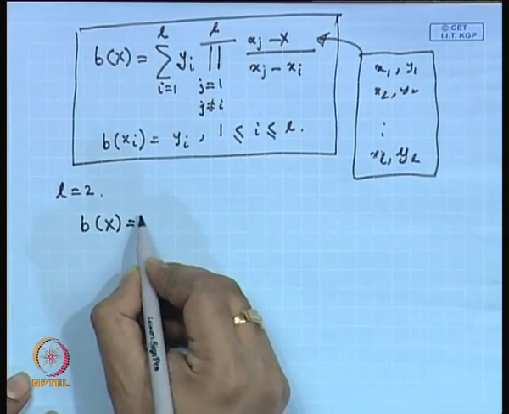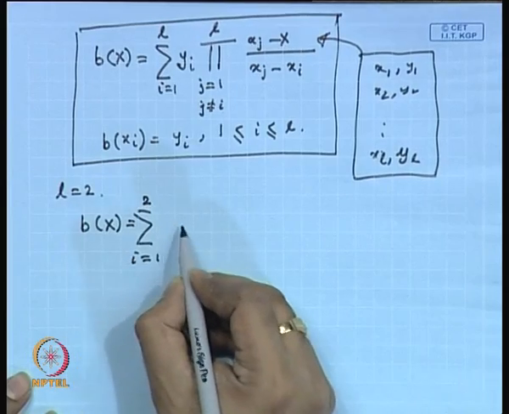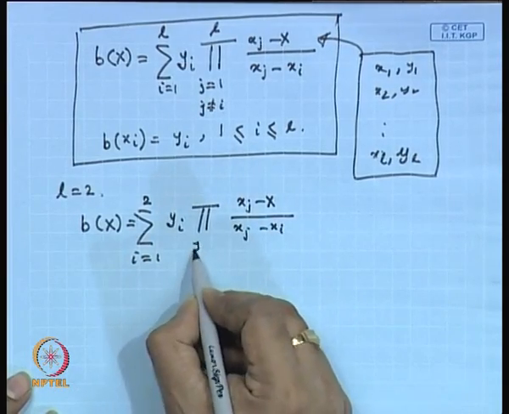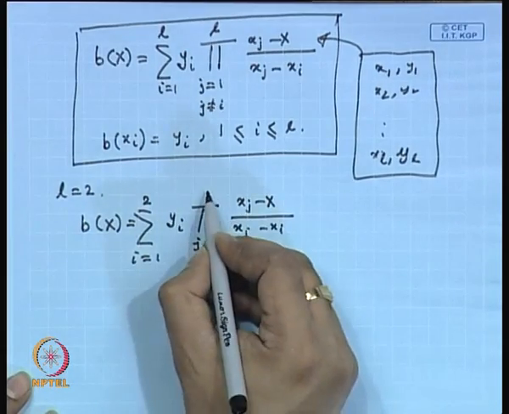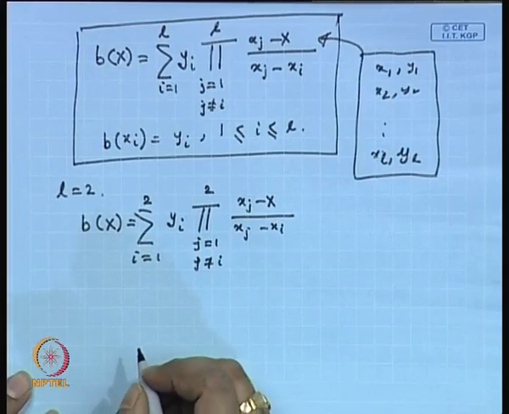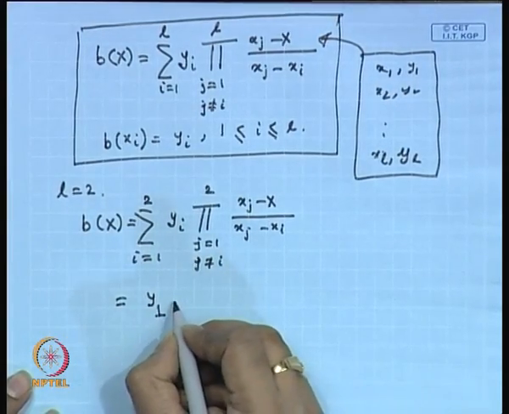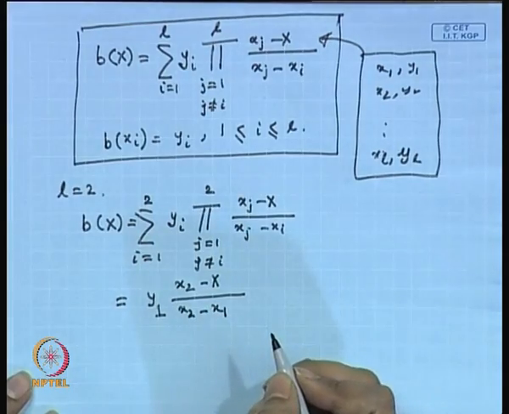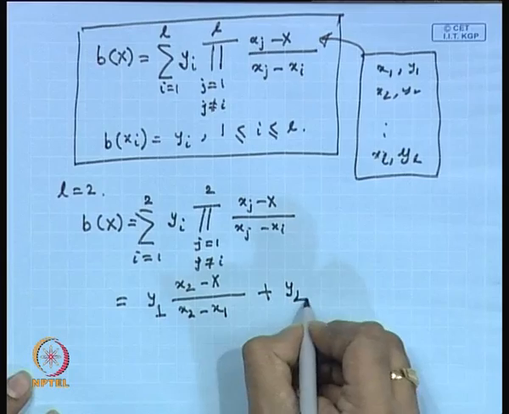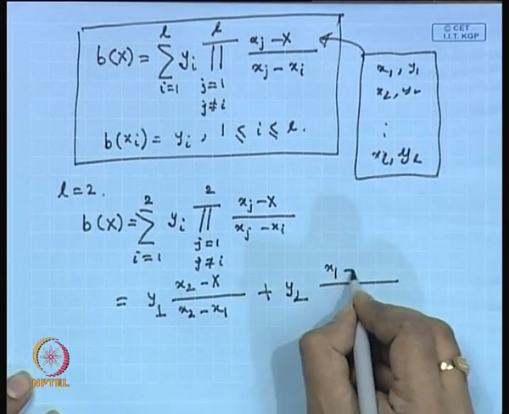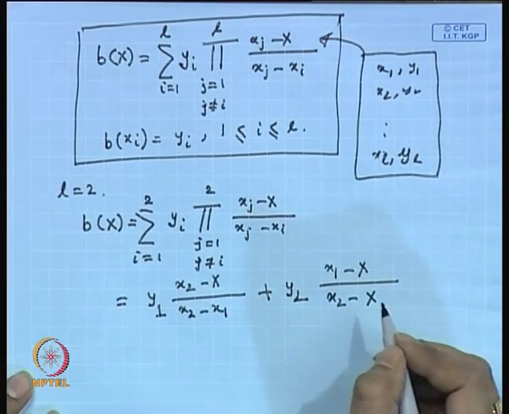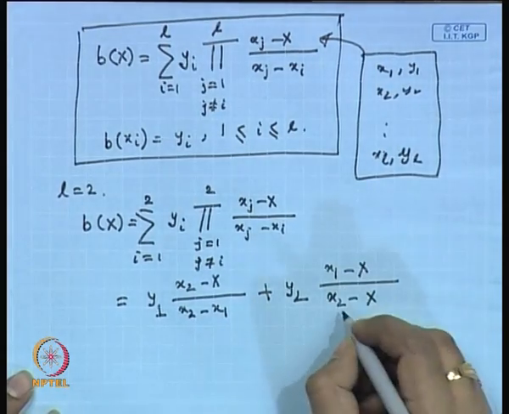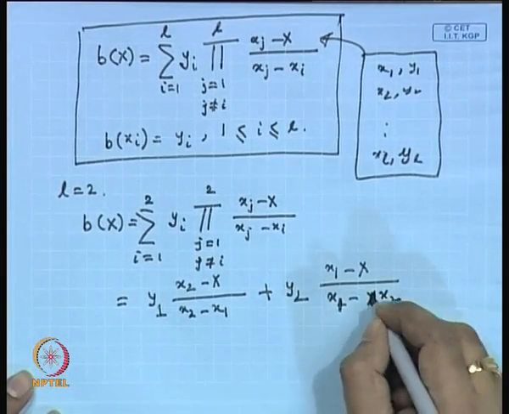Then your b(x) is the sum with i varying from 1 to 2 of y_i times the product with j not equal to i, of (x_j minus x) divided by (x_j minus x_i). So, that is equal to y1 multiplied by (x2 minus x) divided by (x2 minus x1), plus y2 multiplied by (x1 minus x) divided by (x1 minus x2), right.